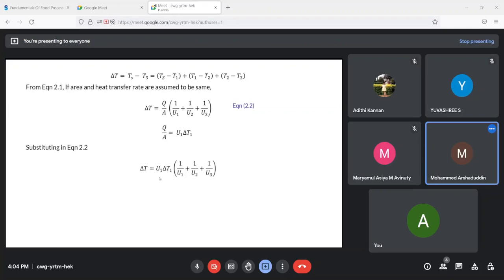So you will have U1 delta T1 into 1 by U1 plus 1 by U2 plus 1 by U3 equal to delta T. That is, we are substituting U1 delta T1 back in this equation. If we rearrange this, you will have delta T1 equal to delta T into 1 by U1, the whole divided by 1 by U1 plus 1 by U2 plus 1 by U3. Is this derivation clear?